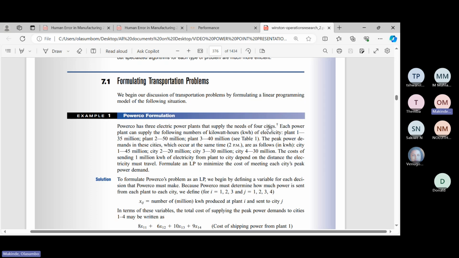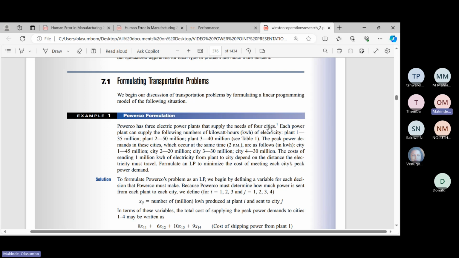So let's assume we have maybe 4 power plants in Gauteng and we've got different houses in Gauteng. Then how many kilowatt hours of electricity, or how much load of electricity, should be supplied to each house from which power plant to minimize the cost, if you are the operations manager.